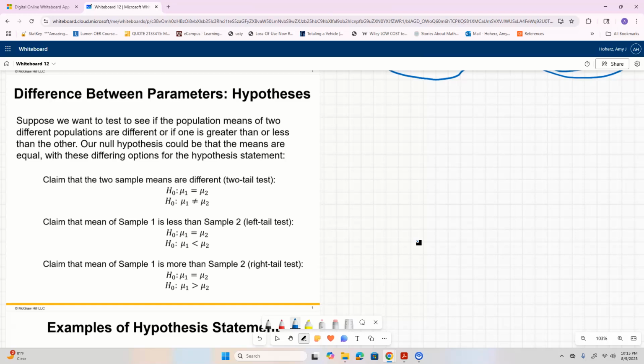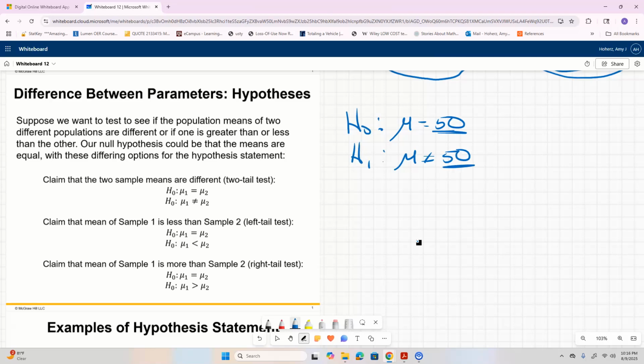So remember before we would always say the null hypothesis is that the mean is 50, and then for the alternative hypothesis we might have the mean is less than 50, greater than 50, not equal to 50. But we always had this number here.